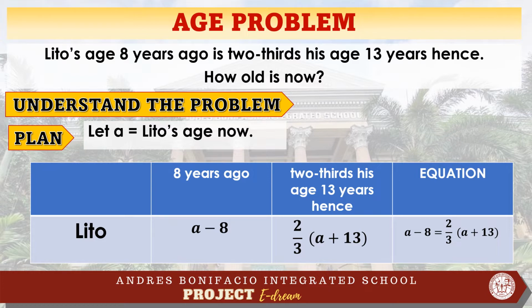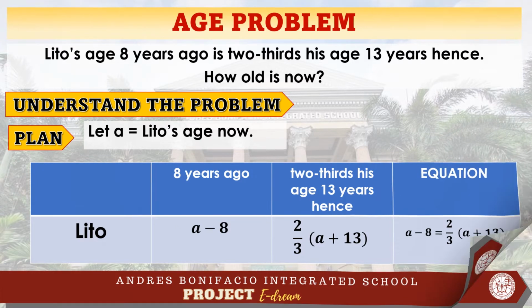Based on the problem, Lito's age 8 years ago is two-thirds his age 13 years hence, represented by an equal sign. So our equation will be A minus 8 is equal to two-thirds times the quantity A plus 13.